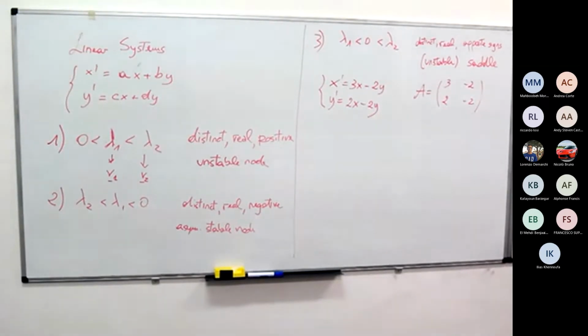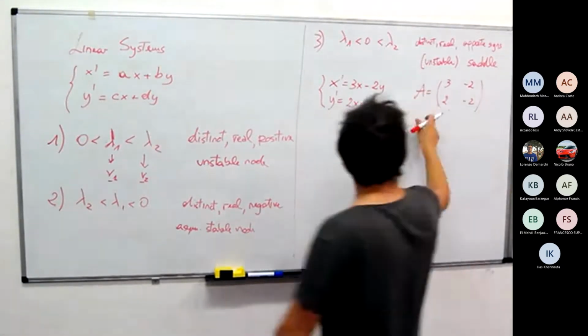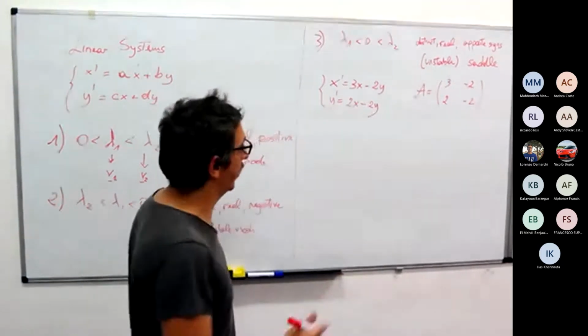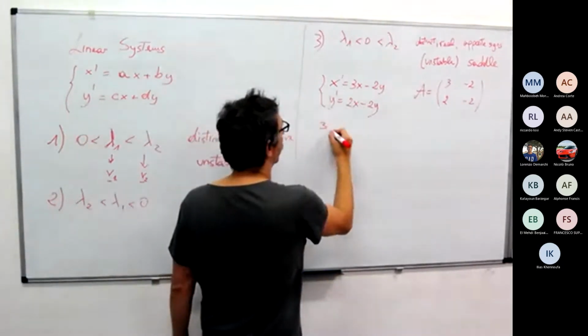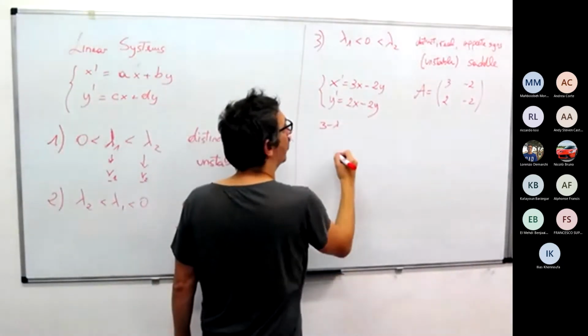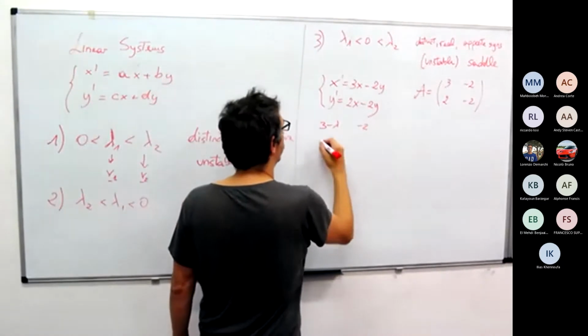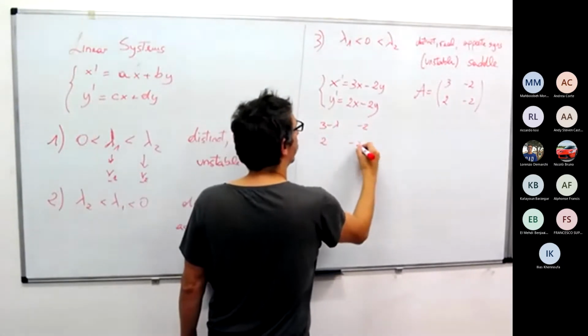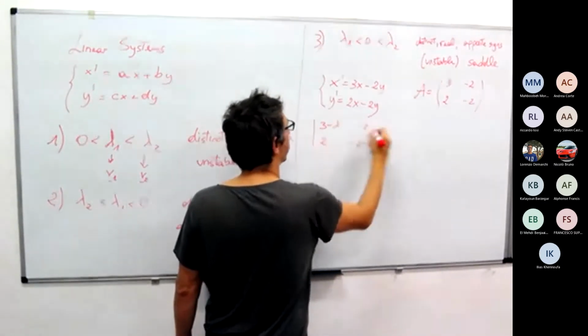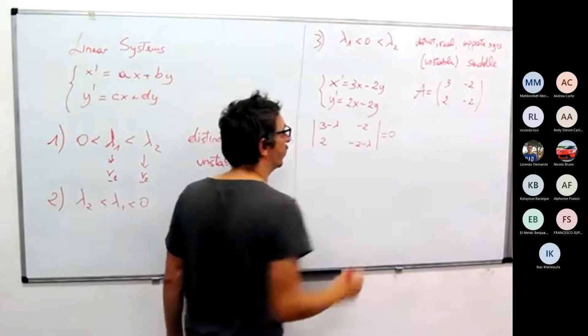Okay. Now what I have to do is to find the eigenvalues of this matrix. So I have to solve the determinant of the matrix with 3 minus lambda, minus 2, 2, minus 2 minus lambda, equal to 0.